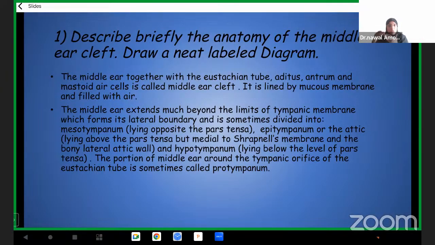Epitympanum is above the level of pars tensa, mesotympanum is opposite to, at the level of pars tensa, and hypotympanum is below the level of pars tensa.